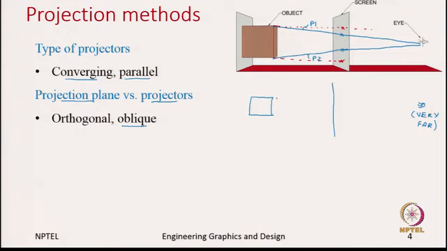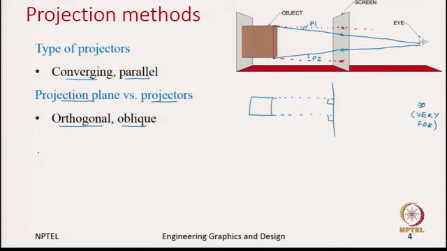So, how do they look? They look something like this. If the observer is looking straight ahead into the object, then these projector lines will make an angle of 90 degrees.